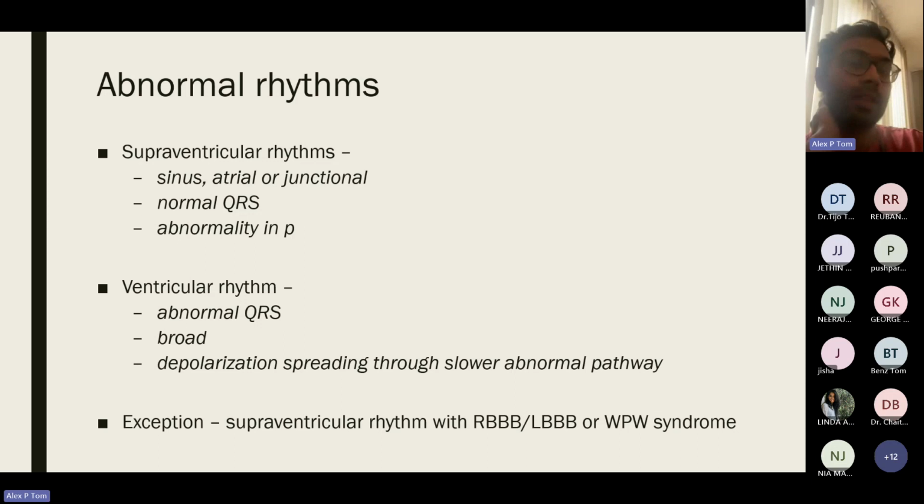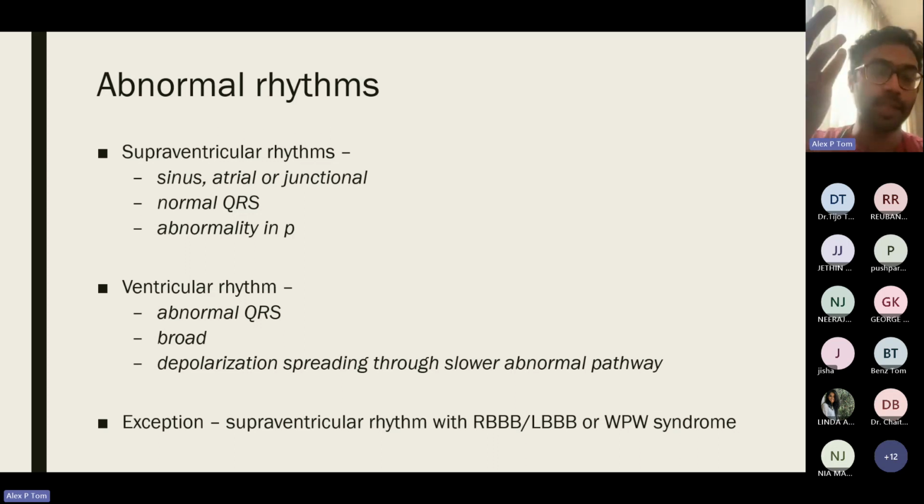So in supraventricular rhythms, you may see a P wave. The P wave may be present, or it may be absent. You may not be able to identify it. You may see it merged inside a QRS, or right outside a QRS. You might see something called a pseudo R wave.